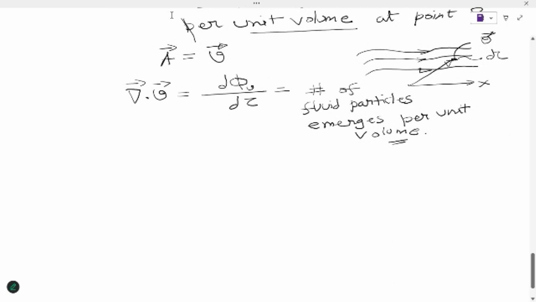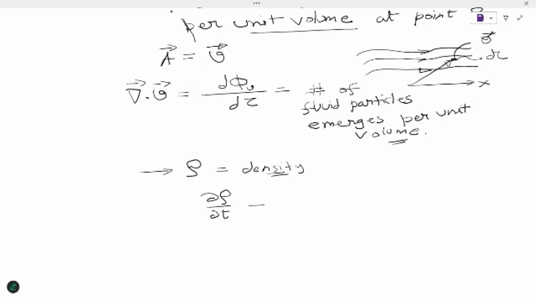Now rho here, if I take it as the density of the fluid, then del rho by del t denotes how the density is changing.